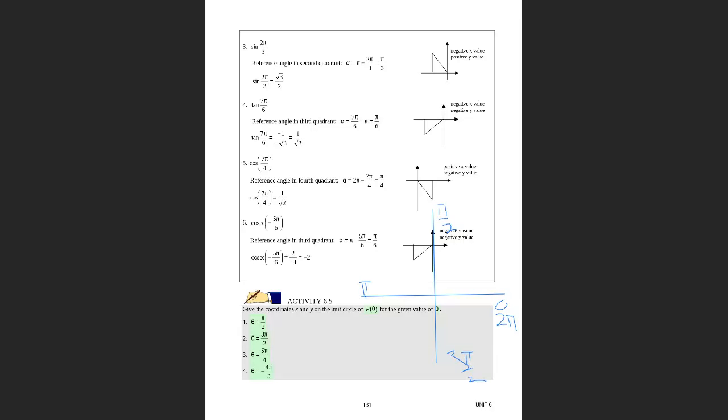Then, since the angle is negative, I'm going to go in the clockwise direction. So let us find what angle it is.